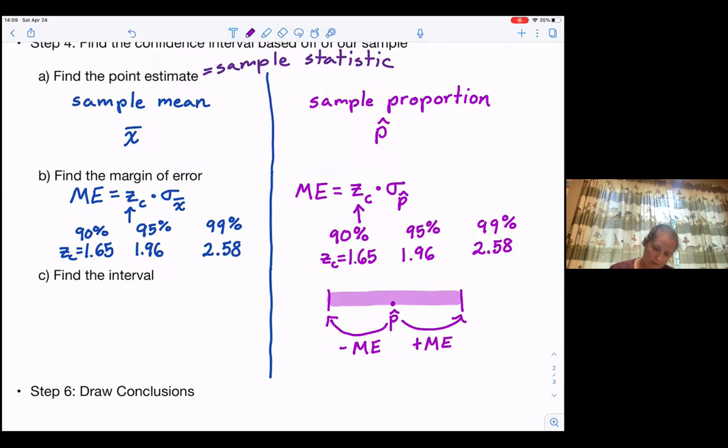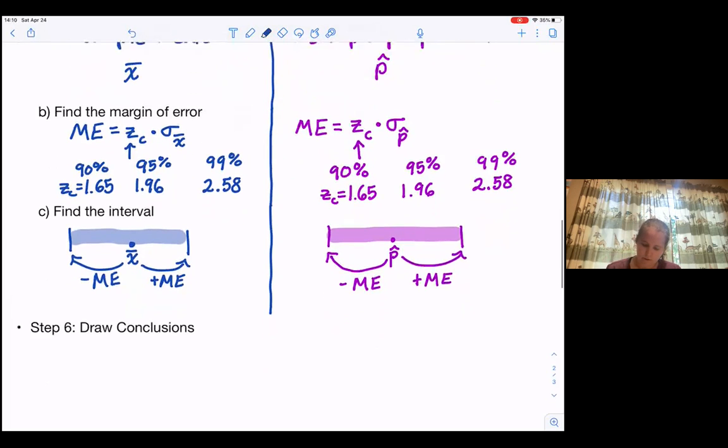For the mean, our base estimate, our point estimate is our x bar. Then we'll go up by our margin of error, down by our margin of error, and we have our interval for our mean. So this process is almost the exact same process that we used for the confidence interval for proportion. It's just that the numbers we're using in the calculation for a standard deviation is slightly different.